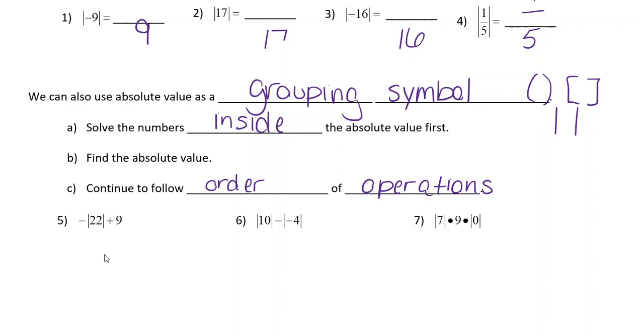So let's look at our first example here. We have the negative, and then we have absolute value of 22 plus 9. Well, we need to solve this absolute value first. The absolute value of 22 is going to be 22. Then I have this negative symbol here. It needs to attack, so that becomes -22.